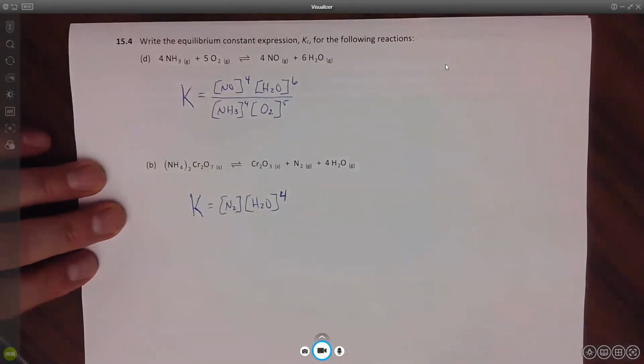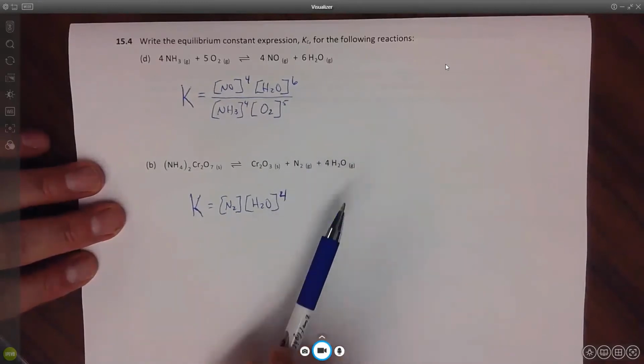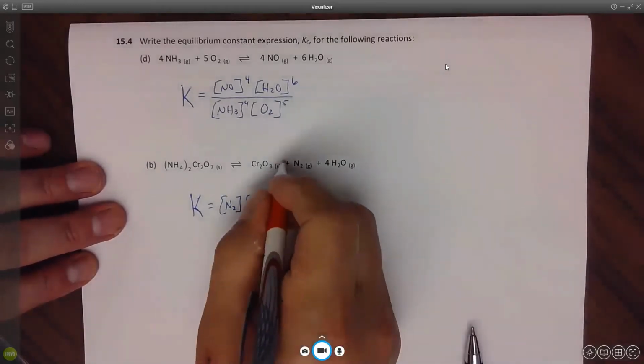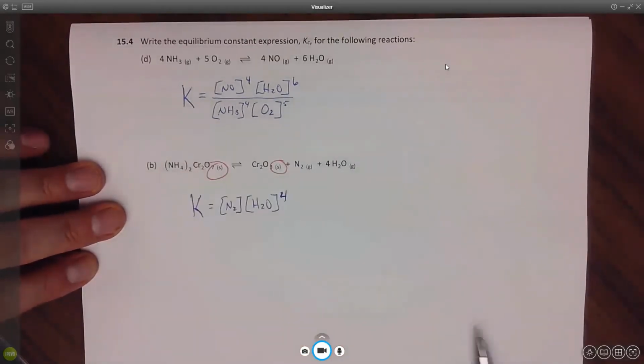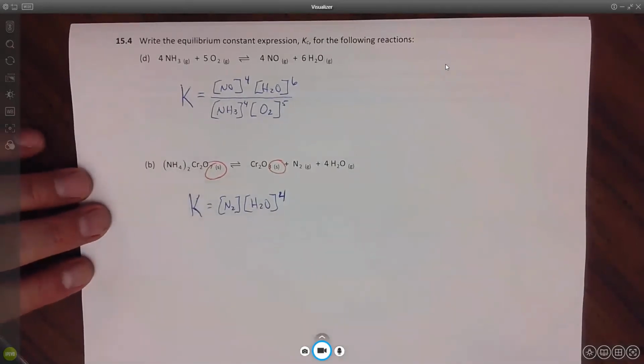That's it? Well, I think that's it because the Cr2O7 is a solid. Yeah, absolutely, you're correct. Only gaseous and aqueous species appear in an equilibrium constant expression. Pure solids and pure liquids do not, so they're not going to appear in the equilibrium constant expression.